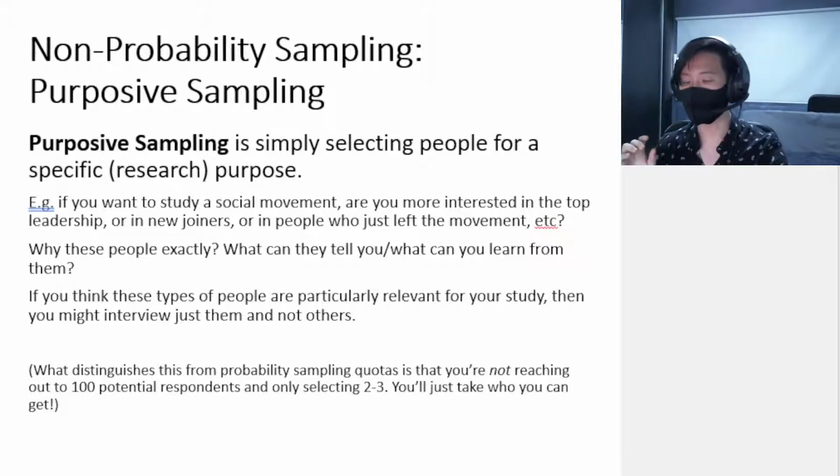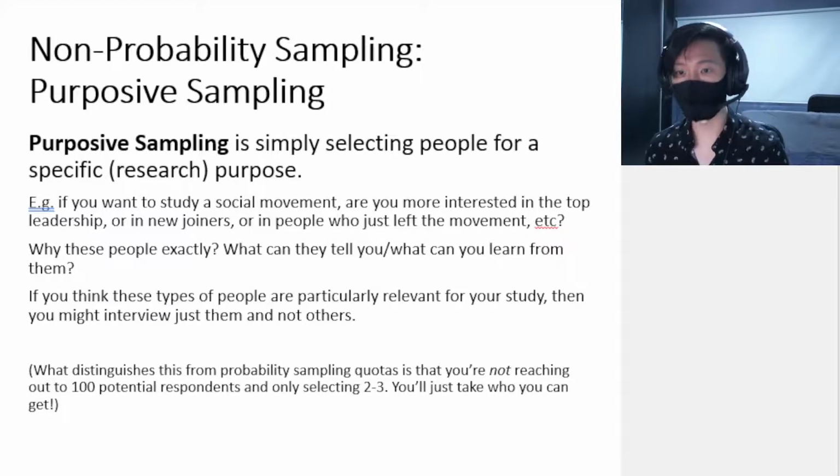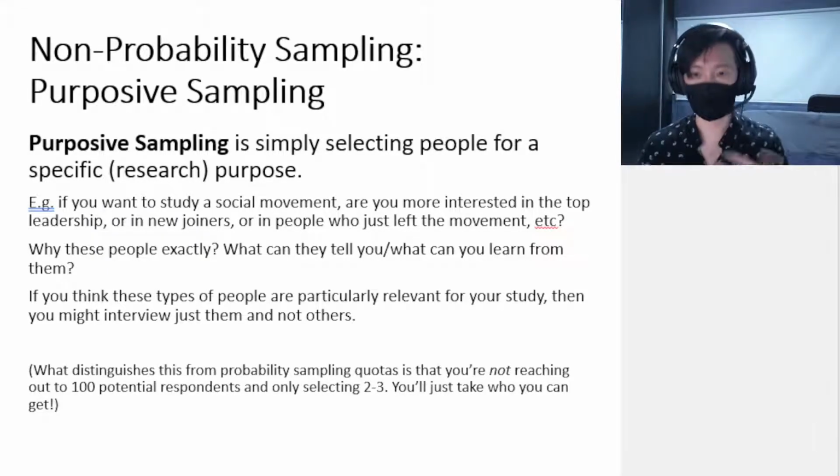And this is the difference between probability and non-probability logics. The probability logic is essentially a numbers game. It hopes that if you have a big enough sample, it will represent what you're trying to represent. The non-probability side, however, leans very, very heavily on your theoretical understandings. How sure are you that you can find this if you go out there?